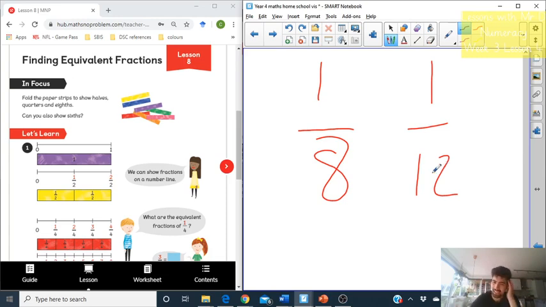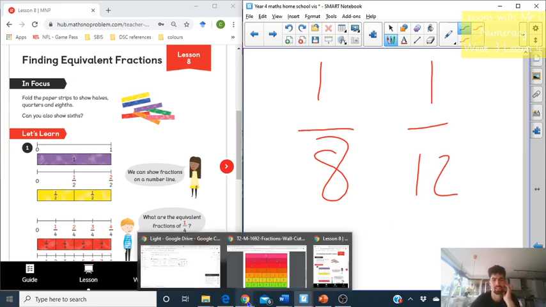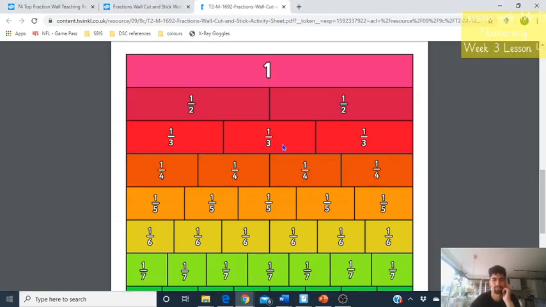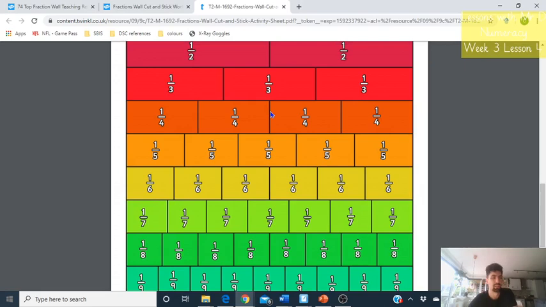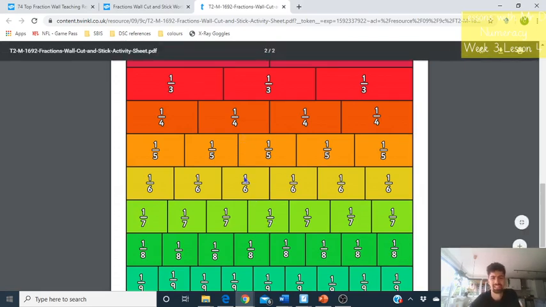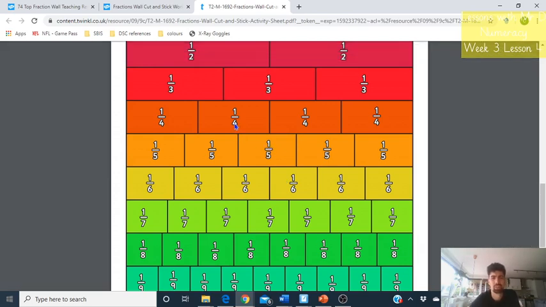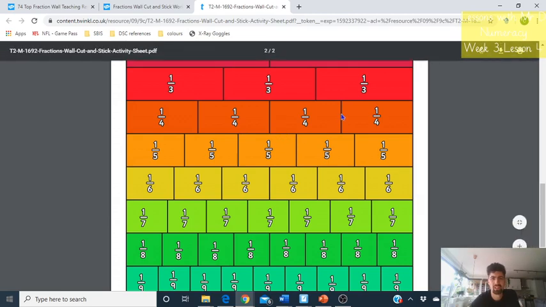Hopefully you had a go at doing your fraction wall as well. And this is a really simple tool, if you're struggling with equivalent fractions, this will just make things so much easier, because you'll be able to see and work it out visually without having to worry about all the maths behind it. You could just go, right, well, it's telling me what's 3/4 equivalent to. I'll just go down. There's my quarters. There's 1/4.